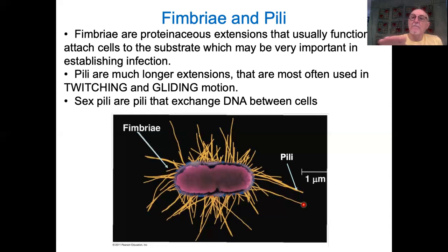They can move in a slow, smooth movement across a surface. And that's called gliding motility. There are other bacteria which, when you watch them, actually twitch like this and move in a particular direction. That is called twitching motility. Both of those kinds are imparted by the activity of these long extensions called pili.